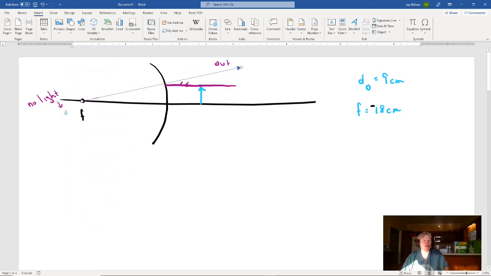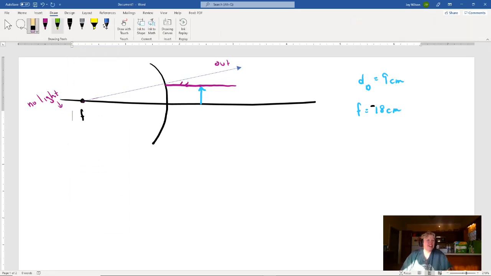I can use my line tool, and I can come back and do this. Here's outgoing. There we go. That's much better. I know it's still a little crooked on the back, but it's better than it was.